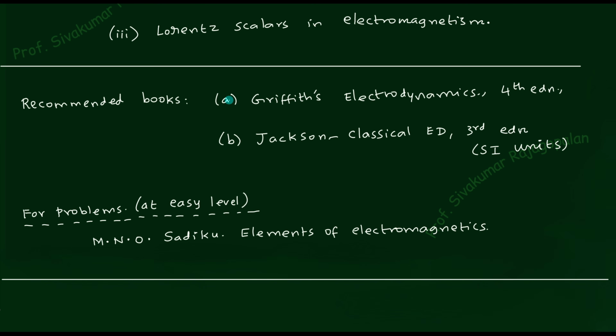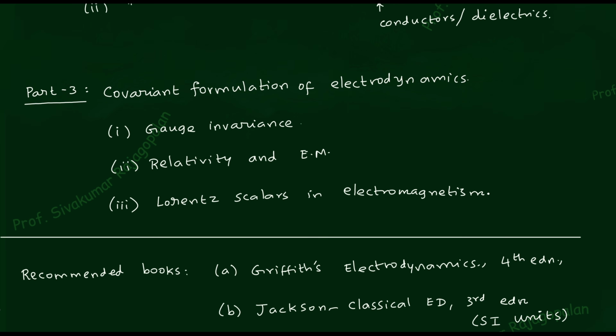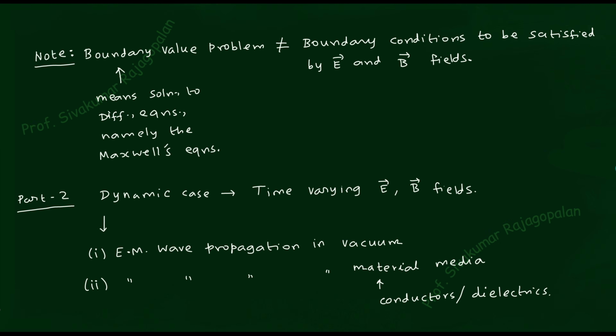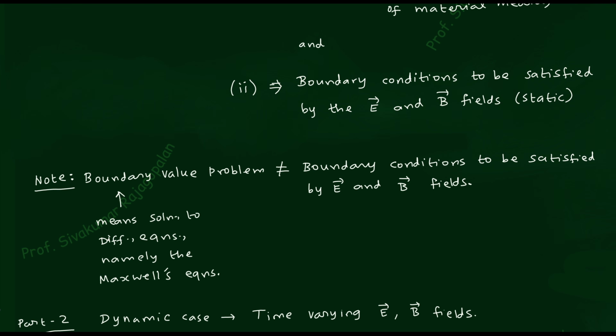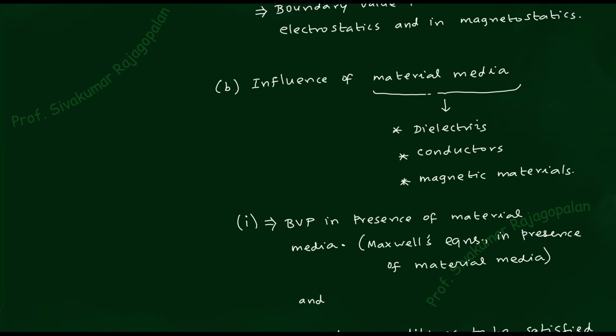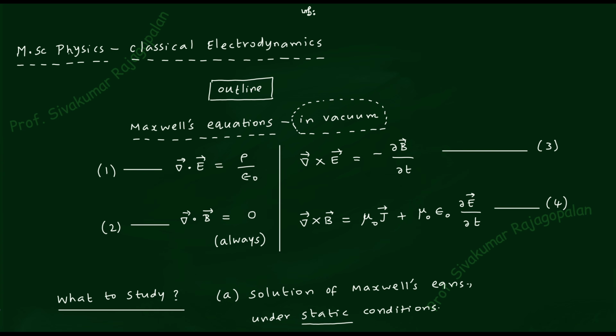So I think that completes my introduction, or overview, of the course structure that we are going to deal with. What we are planning to do in the next class is to start the mathematical requirements to obtain the Maxwell equations.